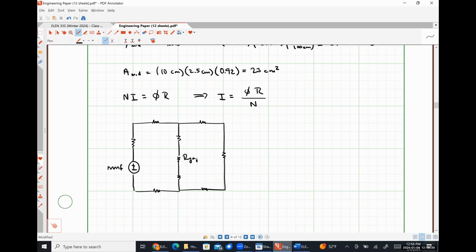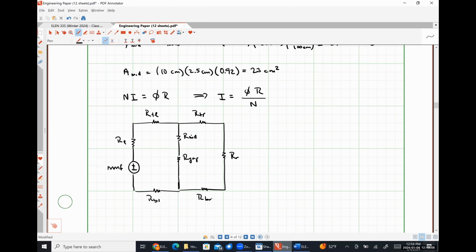This is going to be the reluctance of my gap. I'm going to get rid of this guy right here and just short it out. And this is going to be the reluctance of my middle leg minus the gap. This is going to be the reluctance of the top left portion, the top right portion, the right leg, the left leg, the bottom left, and the bottom right.